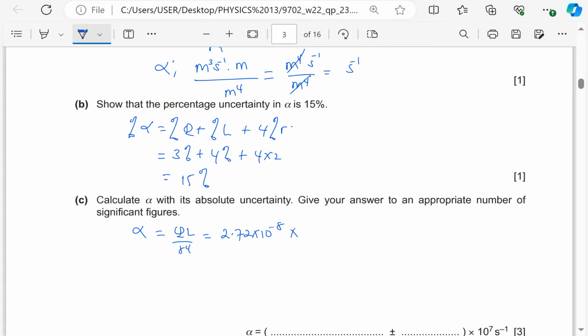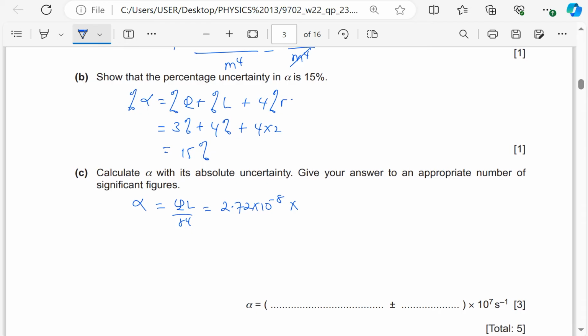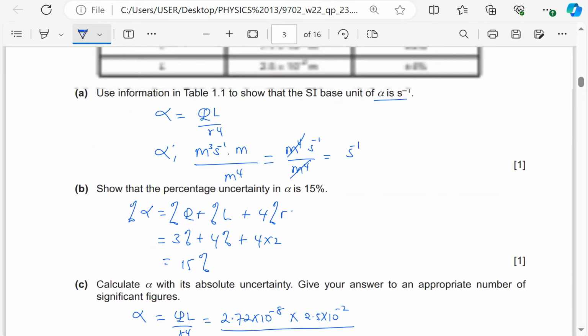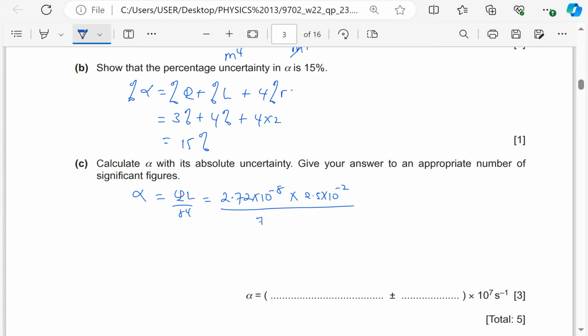And then L is 2.5 times 10 to the power of minus 2, divided by R, which is 7.1 times 10 to the power of minus 5, and this is going to be to the power 4.